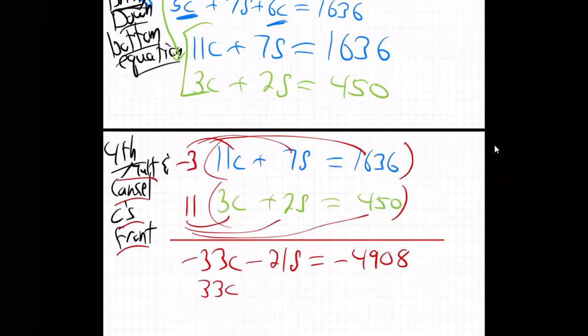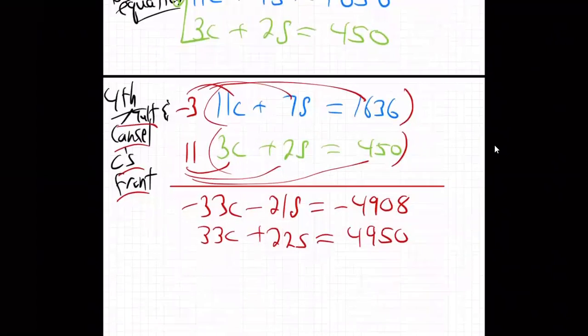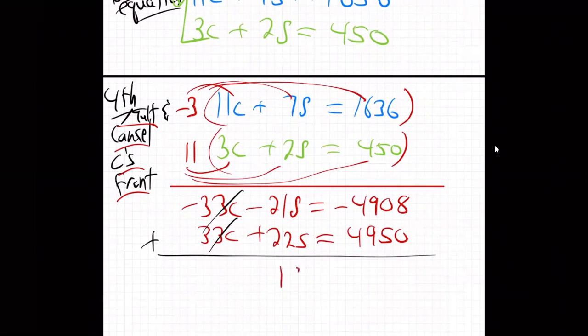I get 33C plus 22S is whatever 11 times 450 is, 4950. Right? And then we add them up. These cancel. And this is what, 1S, right? Because it's 22S minus 21S. Subtract these, 42. So S is 42. 1S is just S. S is 42.